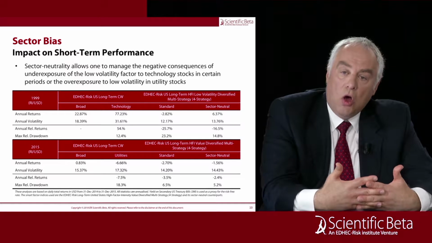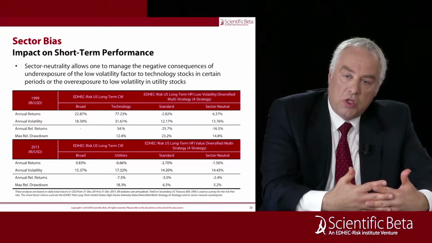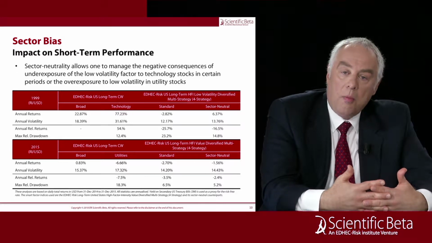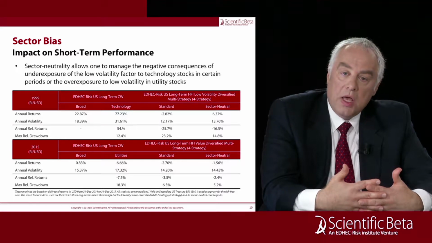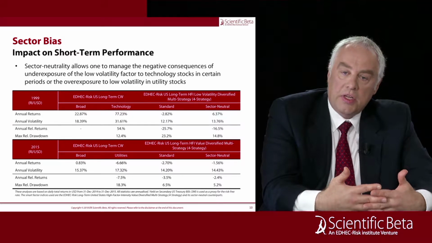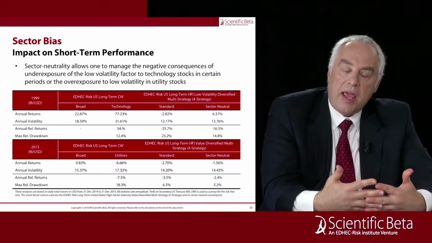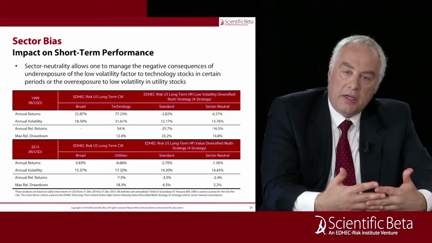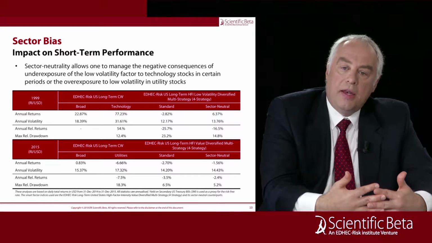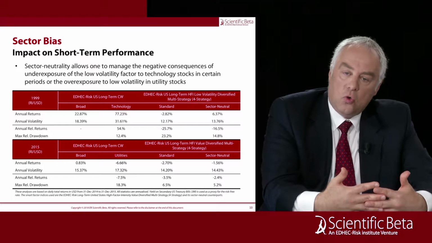And a low volatility strategy, which tends to be underweight the technology sector, therefore underperformed the market simply because it had a lower representation of the technology sector. So without making any sector adjustment, the standard index actually had a negative absolute return and negative relative return, quite a considerable drawdown on a relative basis.